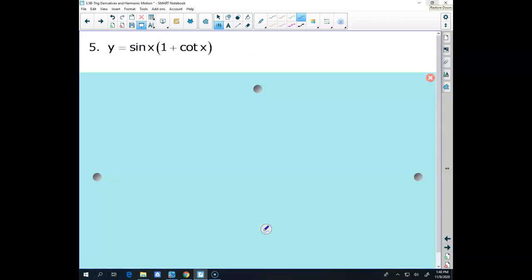Okay, if you are looking at this one and you are thinking product rule, what I would really like you to do is look and say, there's a sine. What is a sine x times a cotangent x? Cotangent is cosine over sine.